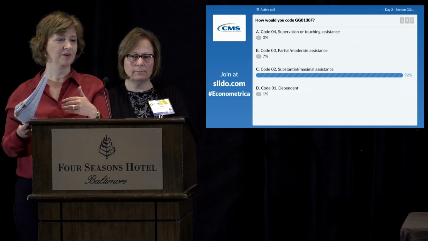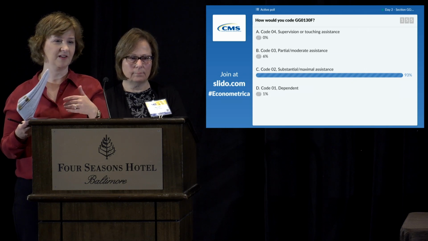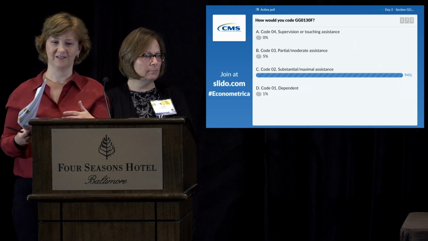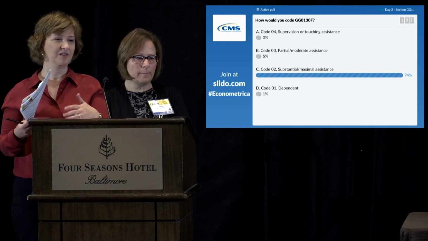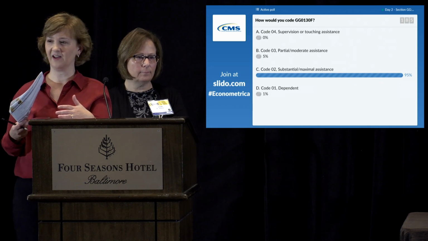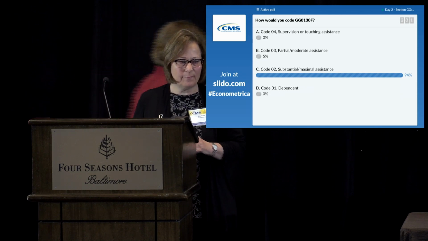Is the helper doing less than half of the effort and the resident doing more than half of the effort with some lifting, or is it more? Okay. Is the resident doing some of the effort and the helper is doing more than half of the effort? All right.